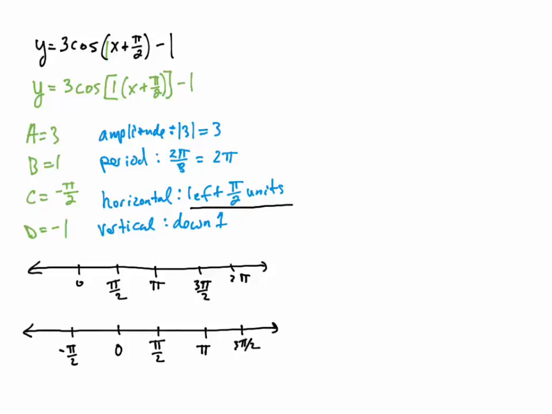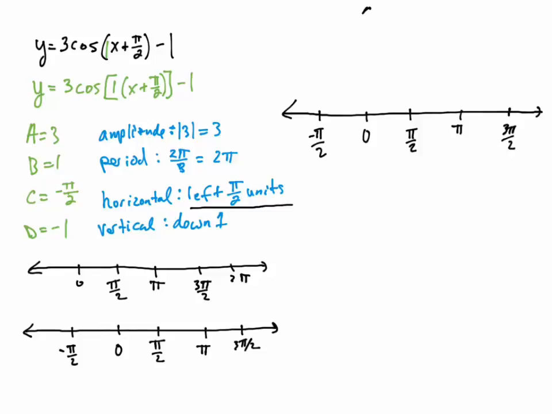So this will be the horizontal axis we're going to use, and then we need to shift everything down 1 unit. So here's what our graph will look like. Negative pi over 2 is our starting value, 0, pi over 2, pi, and 3 pi over 2.